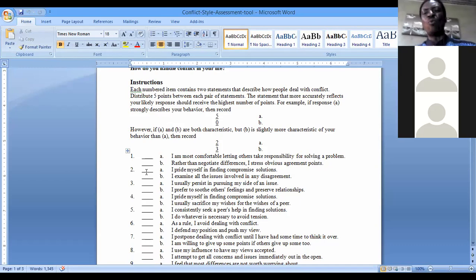But if only one statement in the number applies to you and it's A, it's 5 points. If only B applies to you, it's 0 points. You don't score that B, you just put 0 there. If A and B apply to you, share that 5 points into 2, either 3 and 2, or 4 and 1, or 2 and 3, as the case may be.